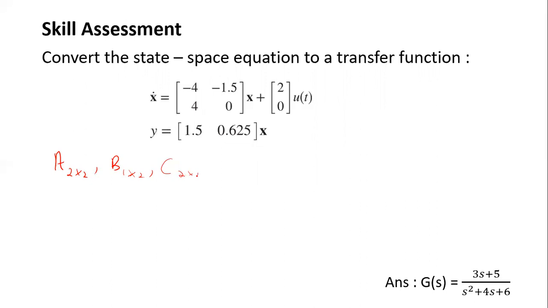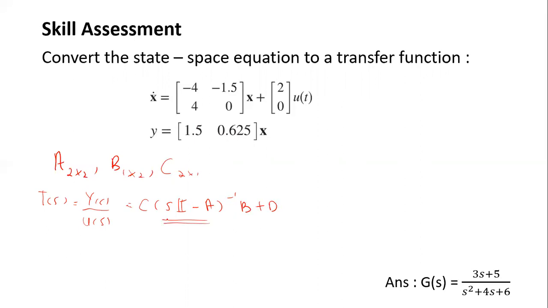So what we do first is we know that the transfer function T(s) equals Y(s), the output, over the input U(s), which equals C, the matrix C, multiplied by the inverse of (S times the identity matrix minus A), multiplied by matrix B plus D. So let's find this first.